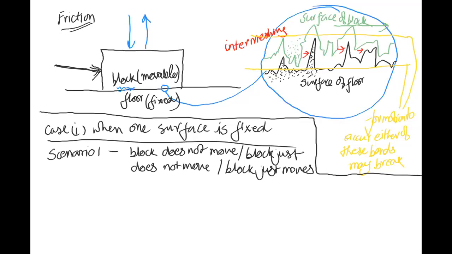So when one surface is fixed, then we can actually have scenario 1 where the movable surface also does not move. Right? Movable surface भी move नहीं कर रहा है. तो इस केस में क्या है कि ये जो बॉन्ड्स हैं, ये जो सरफेसेस के बॉन्ड्स हैं, ये ब्रेक नहीं हो रहे हैं.